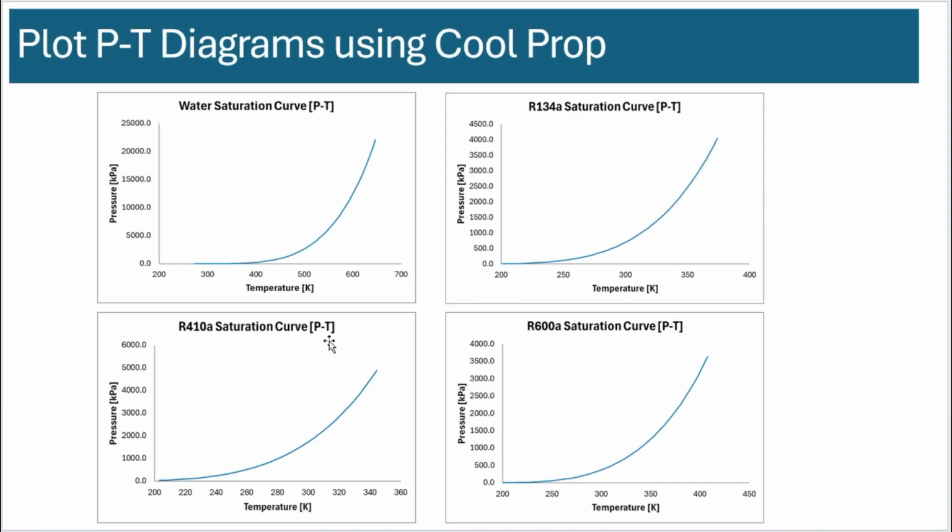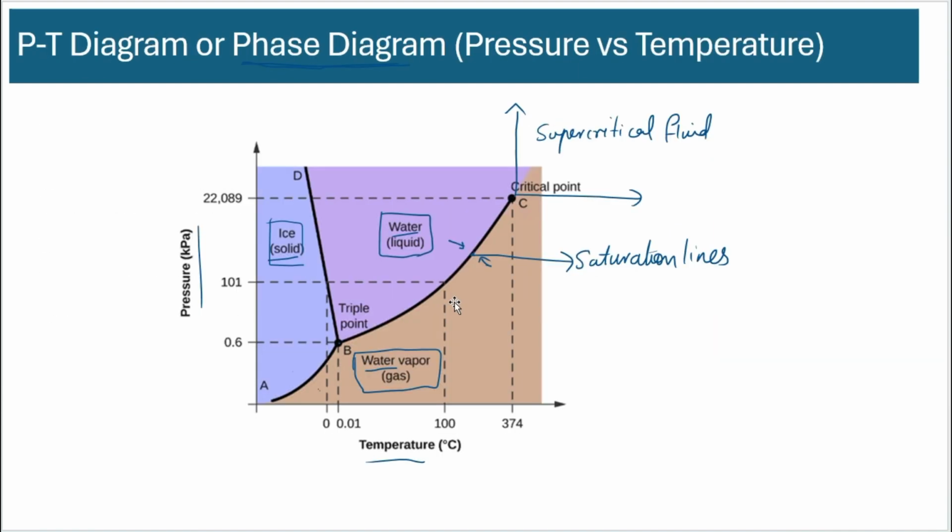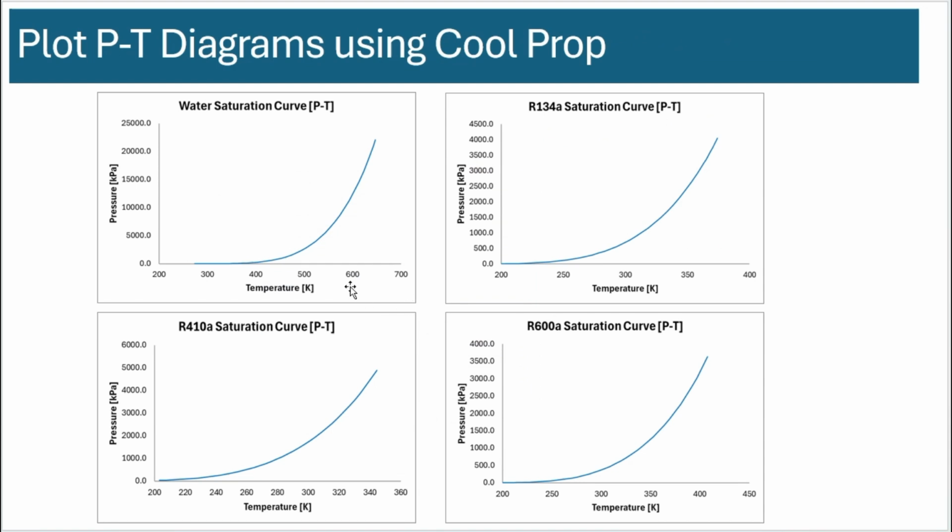That's because CoolProp doesn't allow you to do solid phase calculations. Okay, it's only meant for vapor and liquid. So let's create this particular line, which is equivalent to this line for water, for different fluids. So we'll do it for water, R134A, R600A, R410A. So how do we do that?